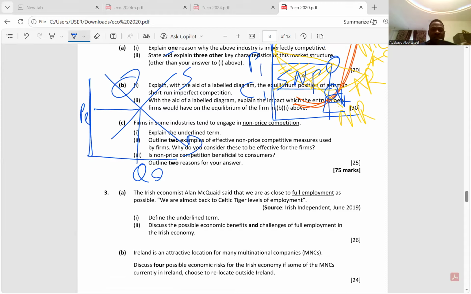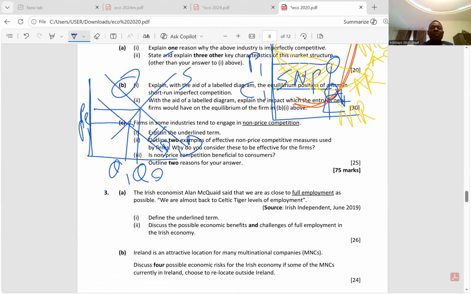So there's going to be a leftward shift in the demand curve from D to D1. So we're going to have P1 and Q1. The supernormal profit here brings about new firms coming into the market. And as soon as new firms come into the market, the demand curve facing each firm in an imperfect competition will shift leftward from D to D1. And that will bring about supernormal profit becoming normal profit.